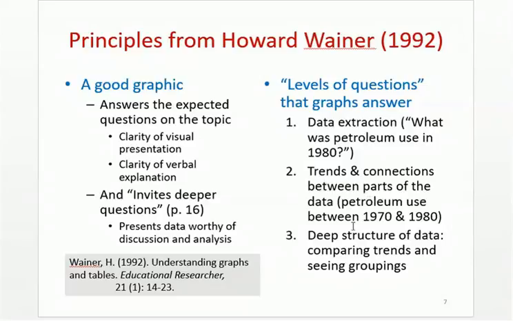That's why we were asking you to not merely duplicate the data from the Excel files, but to show connections, not necessarily trends because we don't have data over time, but connections between the parts of the data set that are related in some way. And a third level might be a deeper structure of data in order to see something surprising, or a group or a pattern arising through the correlation of data or comparison of trends.